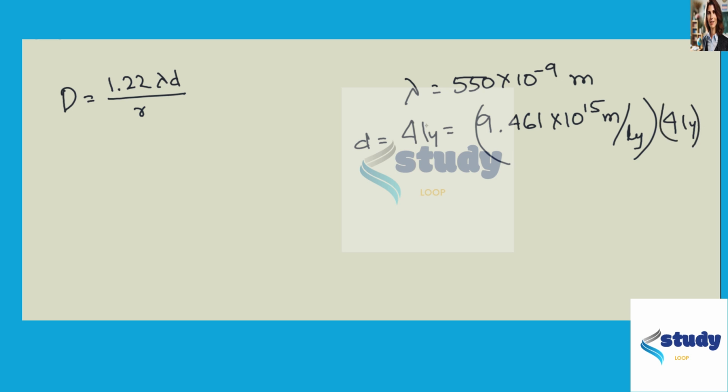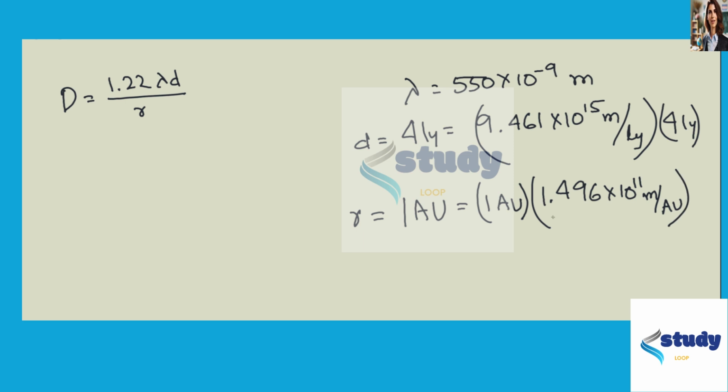So we converted light years to meters, and then for r, it's 1 AU, 1 astronomical unit, and if we convert that to meters, this will be 1.496 times 10 to the power 11 meters per AU.